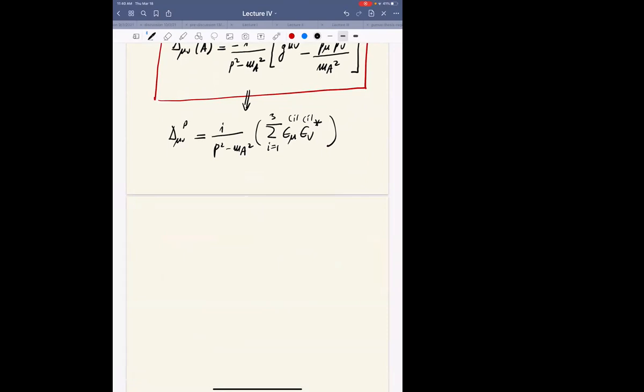The same thing happens for the spinor. After all, I'm propagating 3 scalar degrees of freedom. What is this here? This is the propagator of a scalar field. Right? This you know.